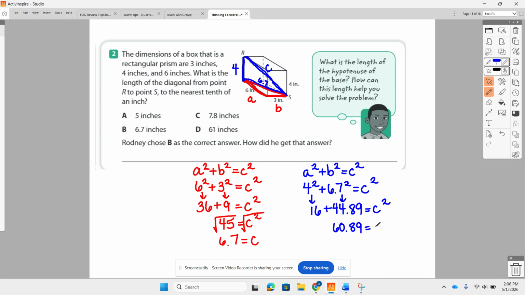And then the final step, of course, is to take the square root. And that will give us approximately, letter C there, 7.8. And again, you can use a calculator to help you. And of course, the reasonable answer also is 7.8 if we're approximating with the perfect squares.